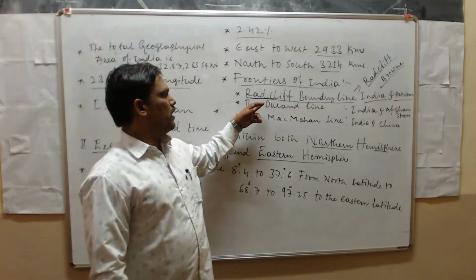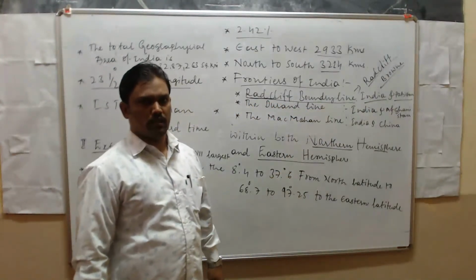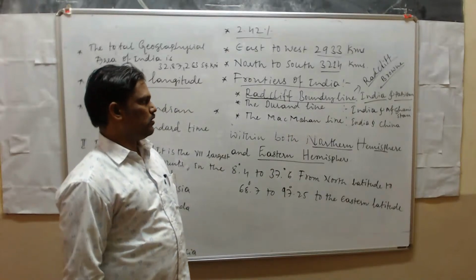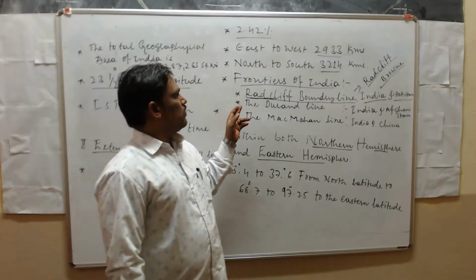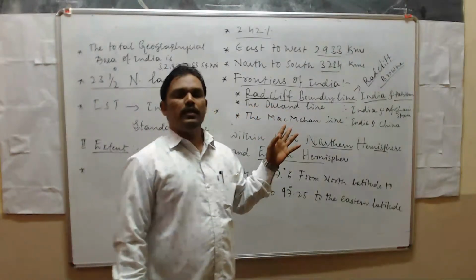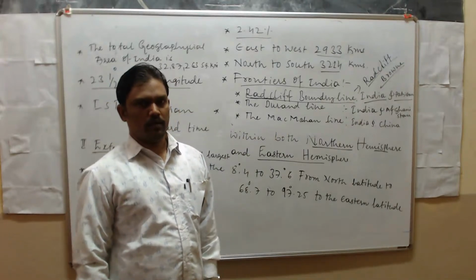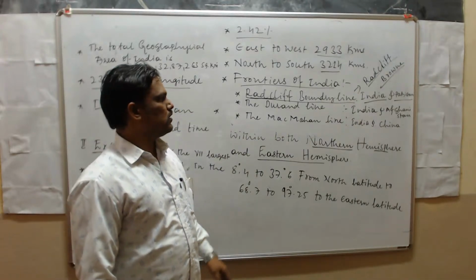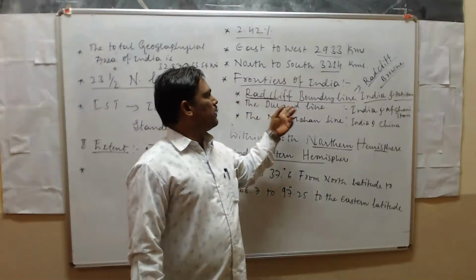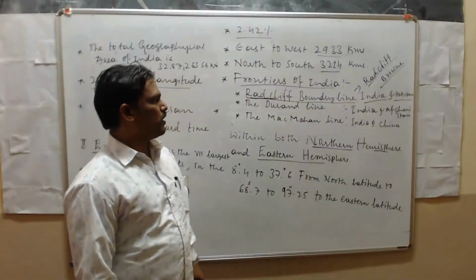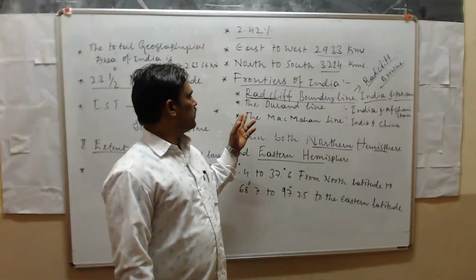Once again, see, Radcliffe borderline lies in between India and Pakistan. It's very important. Totally, these all three are very important. Maybe a question comes like this: in between India and Pakistan, which borderline exists? For that, you should answer Radcliffe borderline.